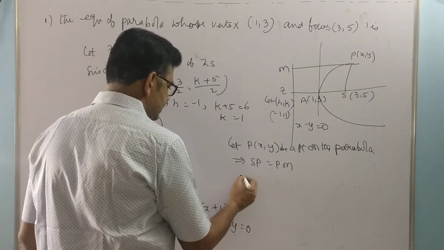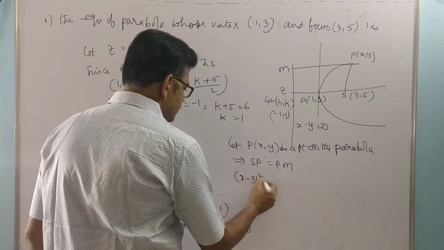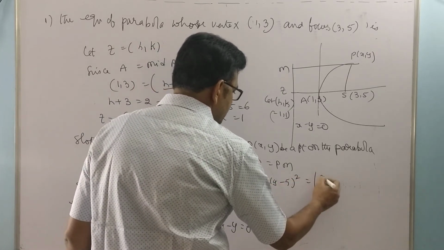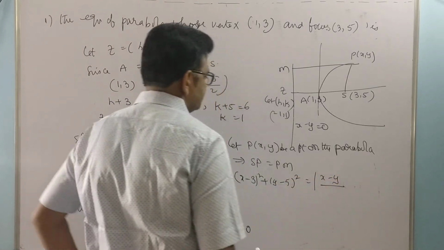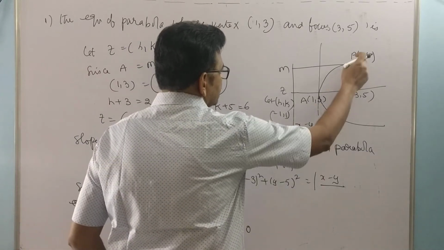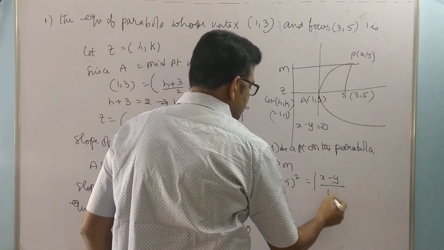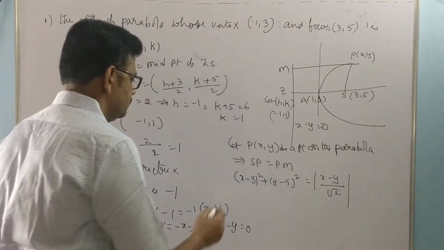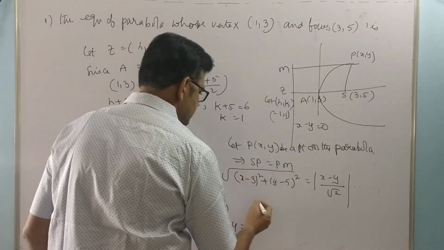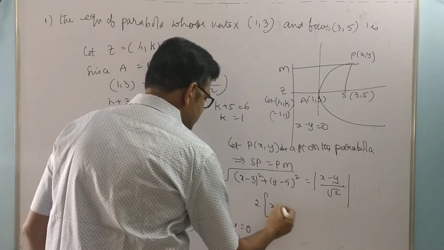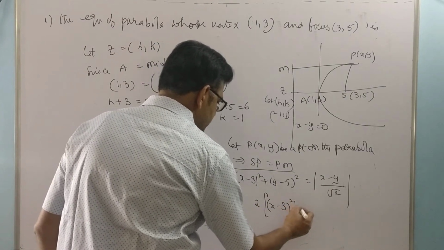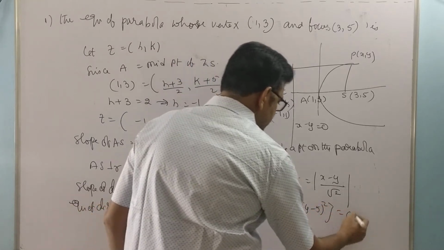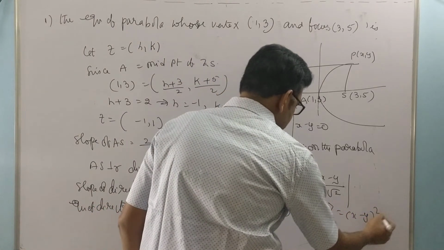Therefore, (x minus 3) whole square plus (y minus 5) whole square equal to mod of ax1 plus by1, where a is 1, x1 is x, by root of a square plus b square. Now squaring and cross multiplication, therefore 2 of (x minus 3) whole square plus (y minus 5) whole square is equal to (x minus y) whole square.